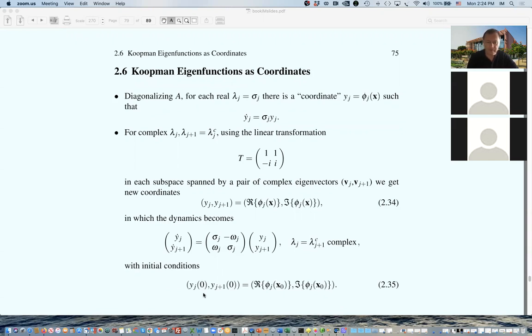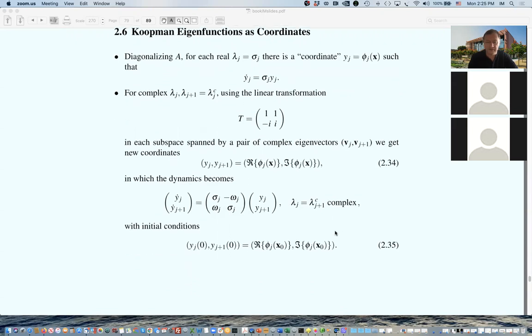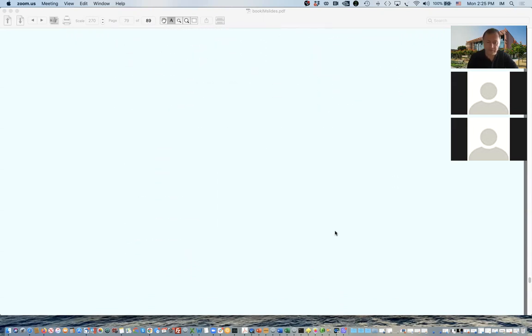So we have a pair of initial conditions and two ordinary differential equations associated with each complex conjugate pair that has the same algebraic and geometric multiplicity.